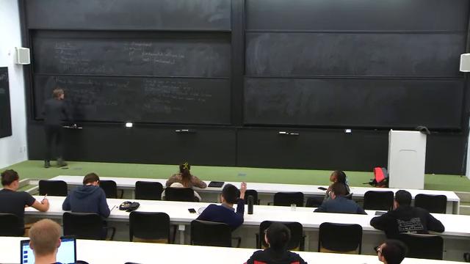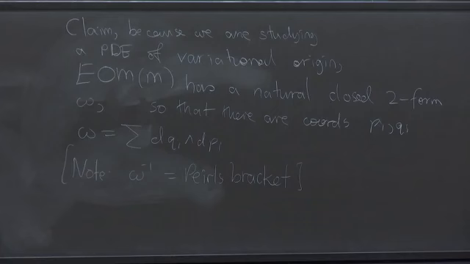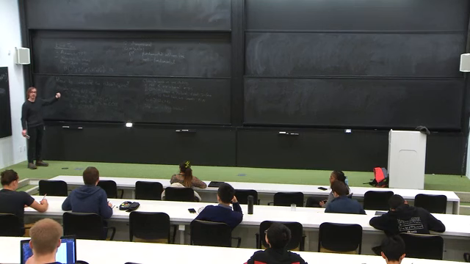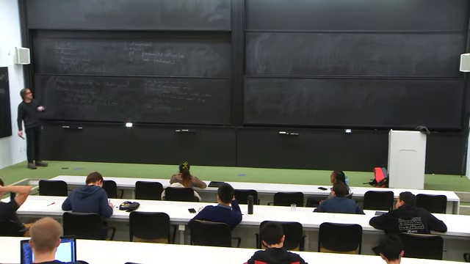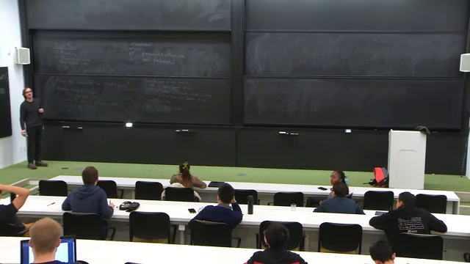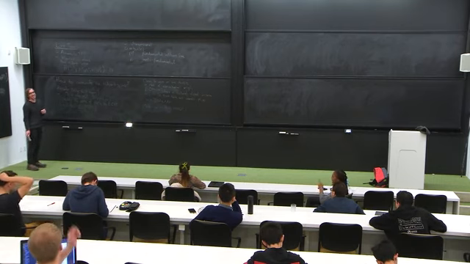What do you mean by variational origin? Well, it wasn't just any PDE I started with. I started with a PDE which came from varying some action functional. The PDE came from varying the action; that's the origin.